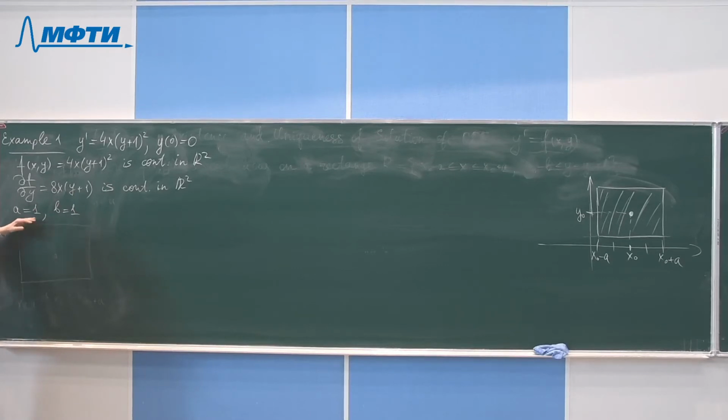So let's consider this rectangle. This is the origin, and we consider the rectangle between 1 and negative 1. So this is a square inside this rectangle.